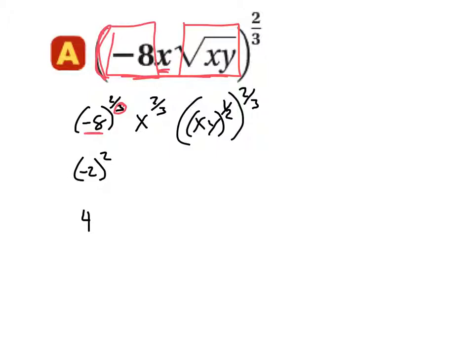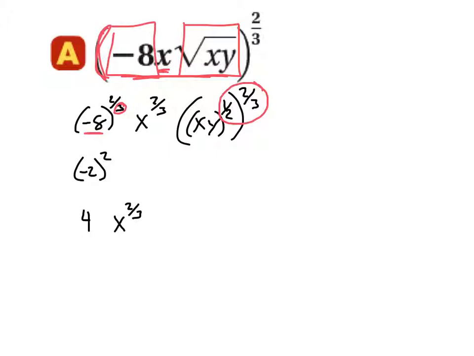We still have x to the 2/3 power. Well, now we need to deal with that (xy) to the 1/2 raised to the 2/3. So we have a power raised to a power. What do we do? We multiply them. Power raised to a power, we multiply the exponents.